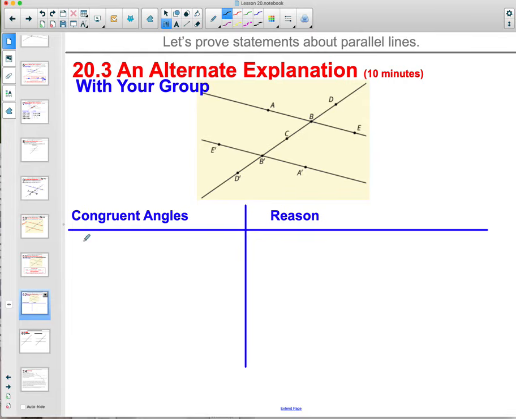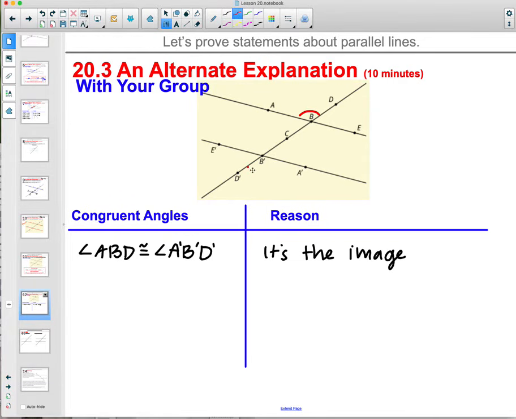If we start with angle ABD, not prime, angle ABD is congruent to A prime, B prime, D prime, because that's the image. Here's ABD, here's A prime, B prime, D prime. I'm saying those two are congruent to one another.